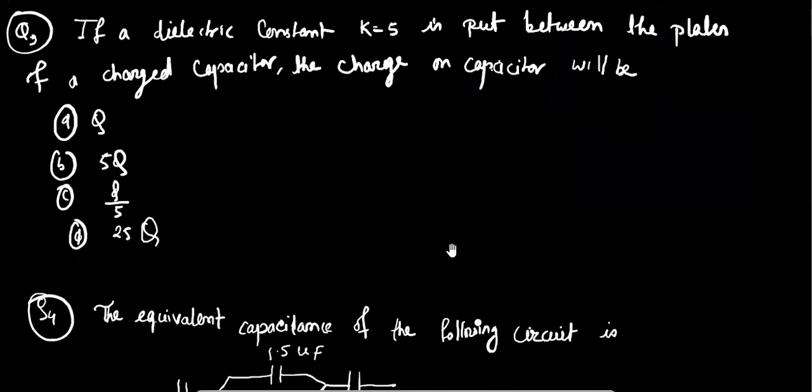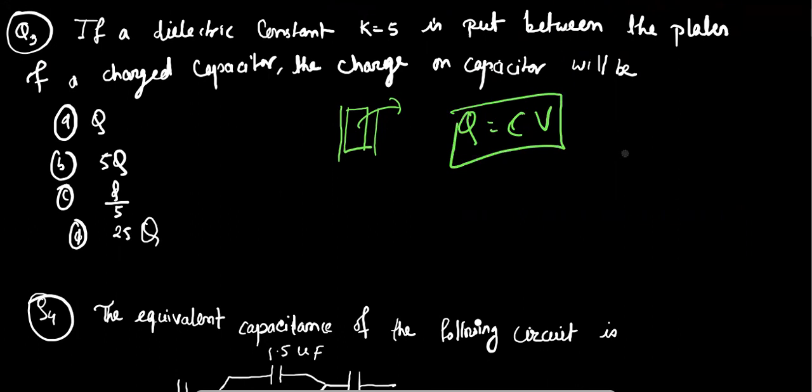Question number 3. If a dielectric constant K equals 5 is put between the plates of a charged capacitor, the charge of the capacitor will be. One thing we have to know is that the amount of charge contained in any capacitor does not depend on the dielectric medium or nature of the medium, because Q equals CV.